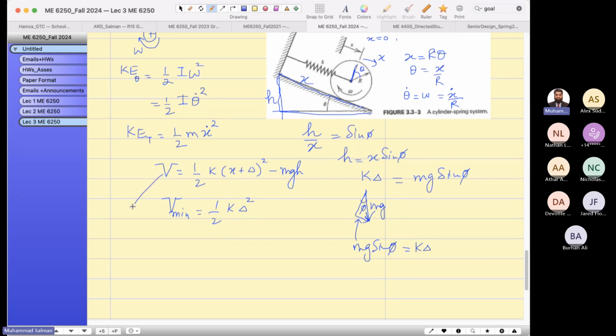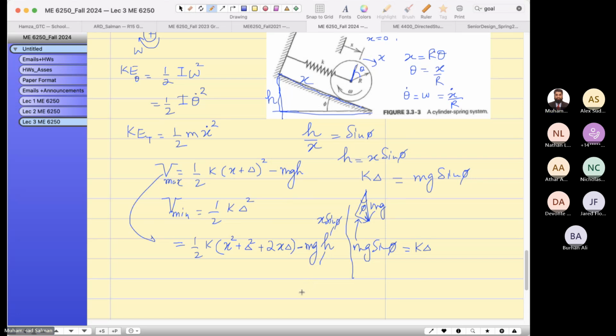If we open the parentheses here, x square plus delta square plus 2x delta, minus mgh, where h equals x sine phi.